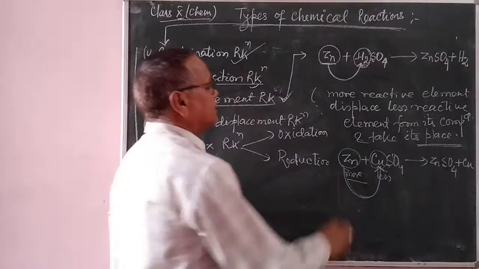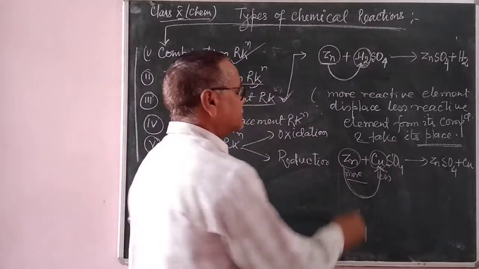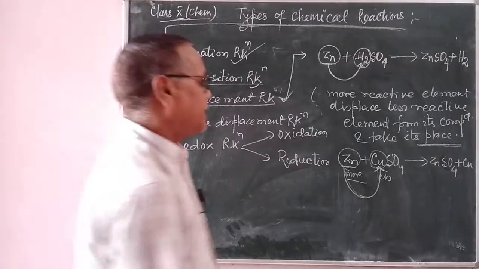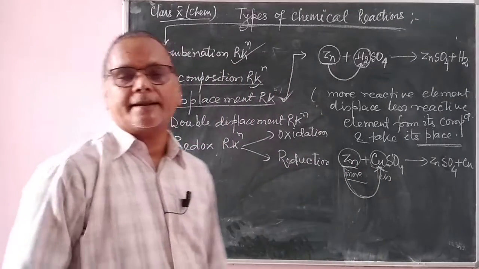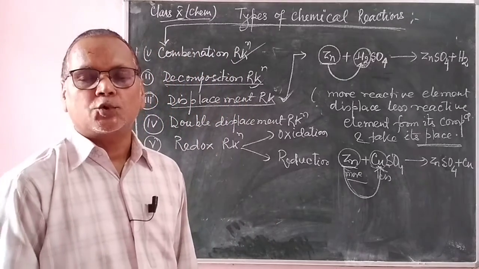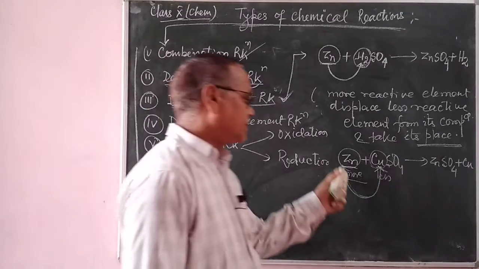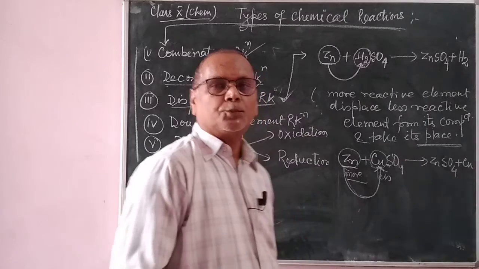Zinc lies above copper in the reactivity series, so zinc is more reactive than copper, and thus zinc can displace copper easily and form the products.